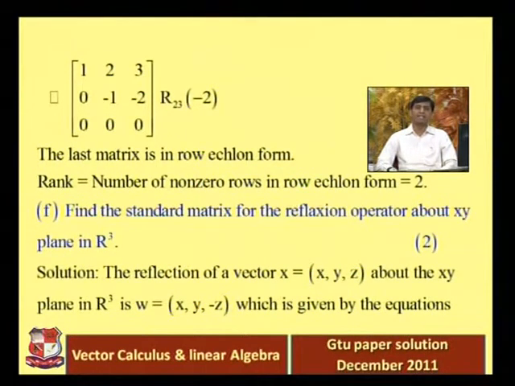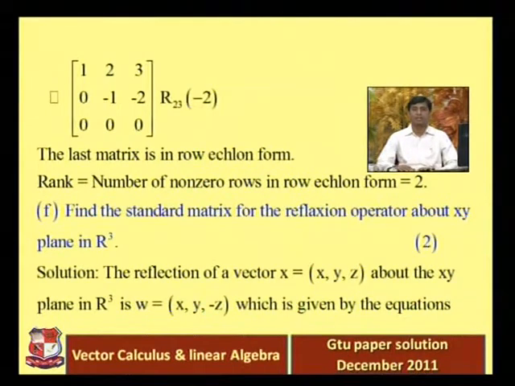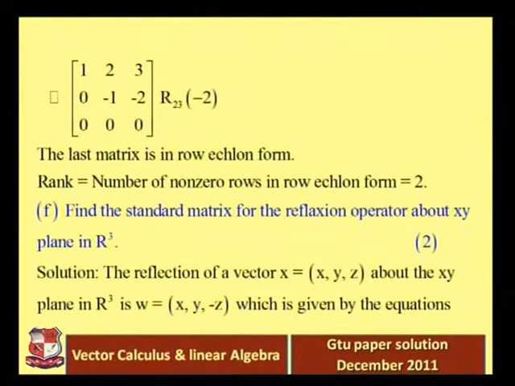Because we are taking the reflection operator about the xy plane, the x and y coordinates are the same, with only the z coordinate different, that z becomes -z. So the reflection of a vector x = (x, y, z) about the xy plane in R3 is w = (x, y, -z), which is given by the equations.